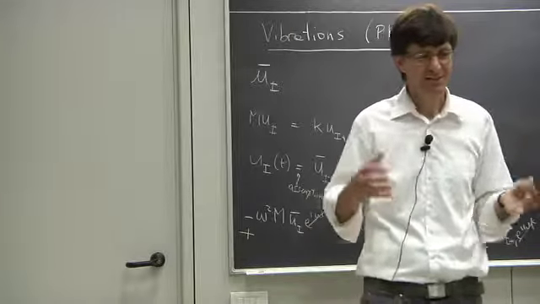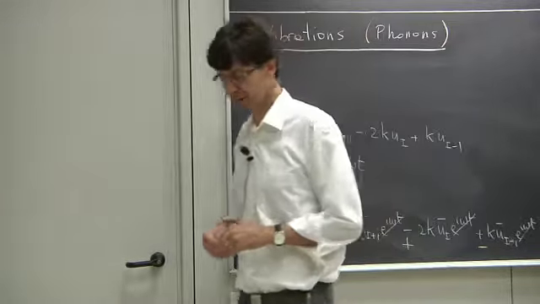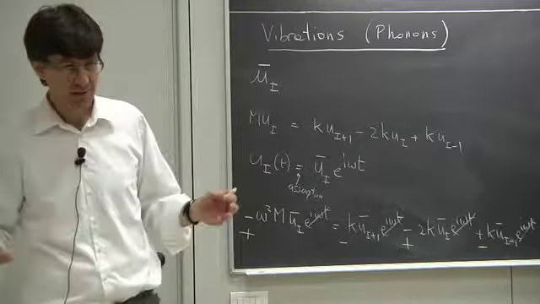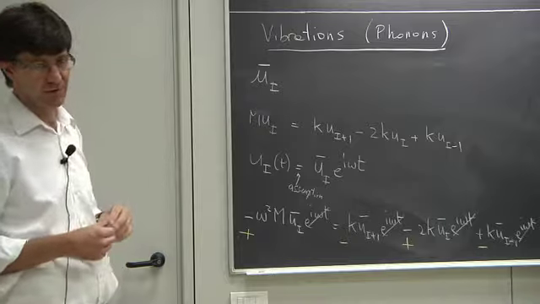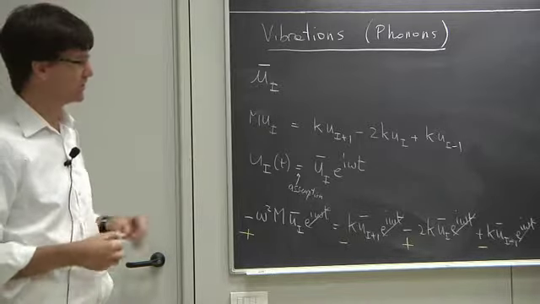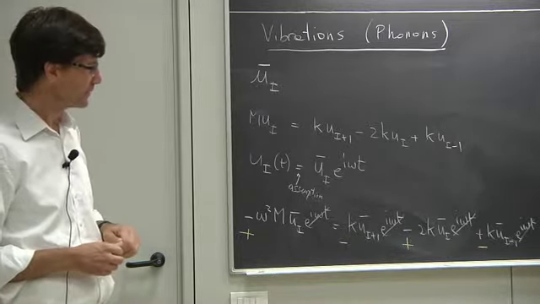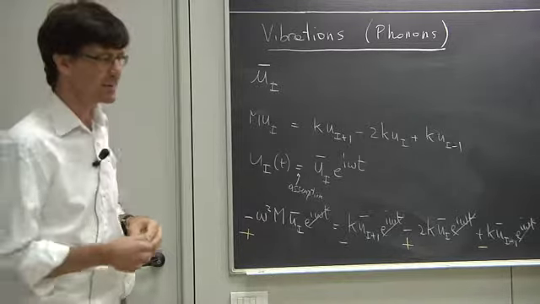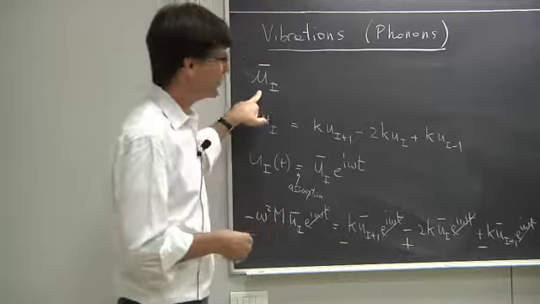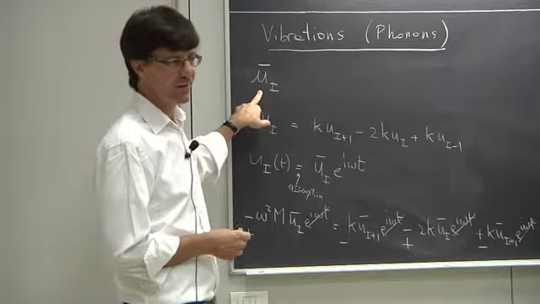Of course, that was the simplest possible example of an electronic extended system. Here we're studying the simplest possible example of a vibration phonon model. So go back to your notes several lectures ago. Do you remember how we solved this?